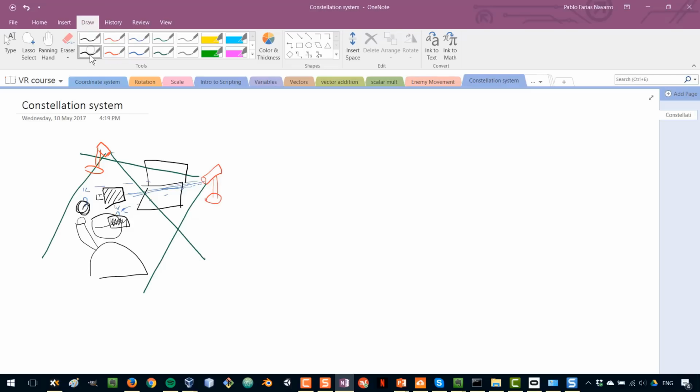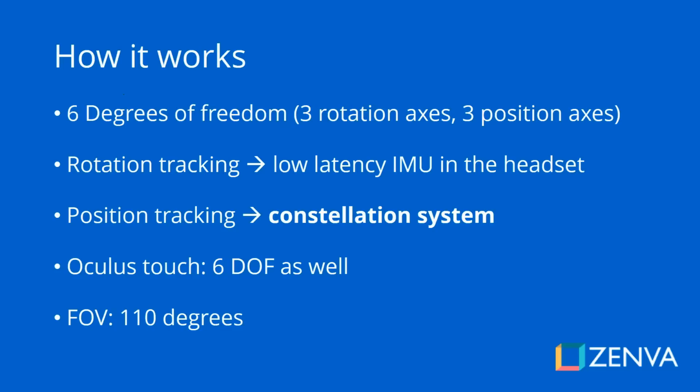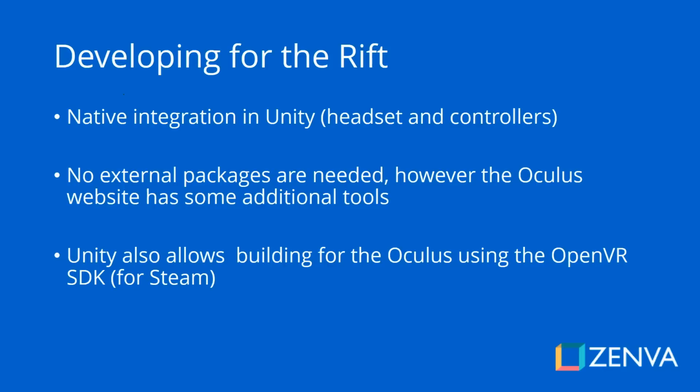I'm not entirely sure if it's entirely removed, because there might be a situation where something is still being blocked, but it definitely diminishes this problem. So that is how the constellation system works, which you might have read about when you got the device, or if you've been researching it.